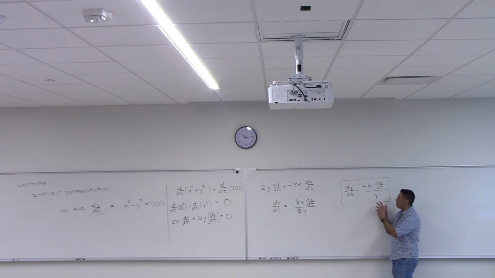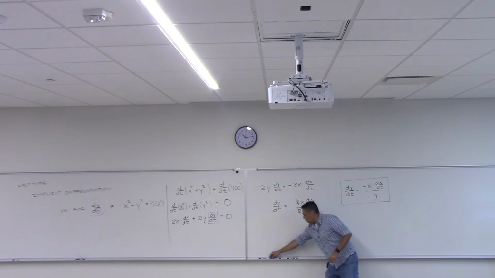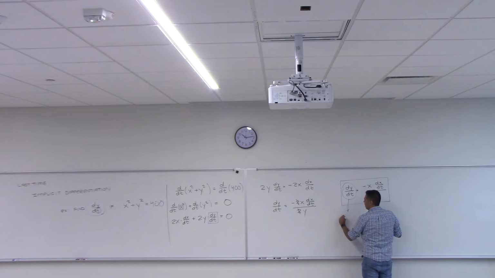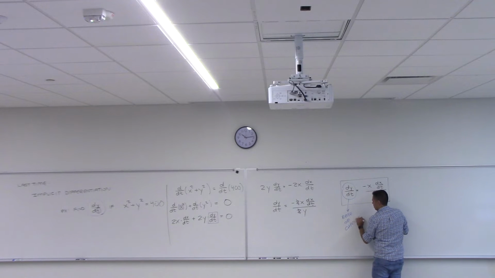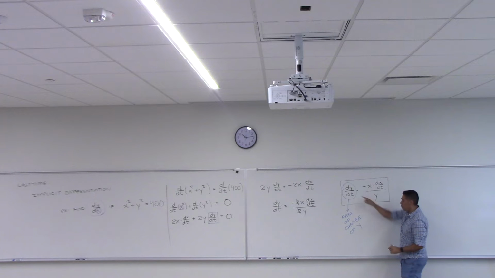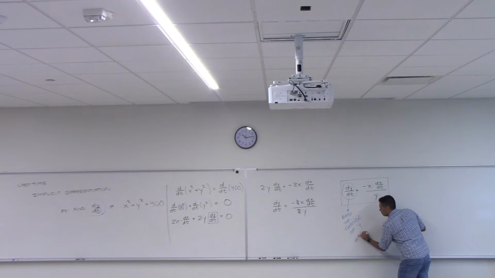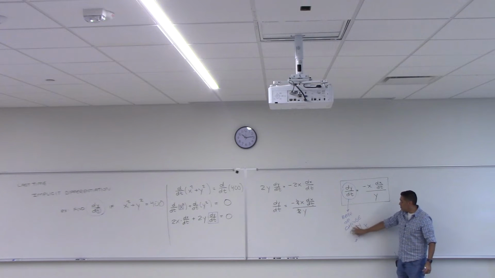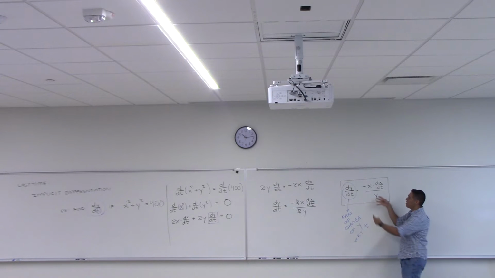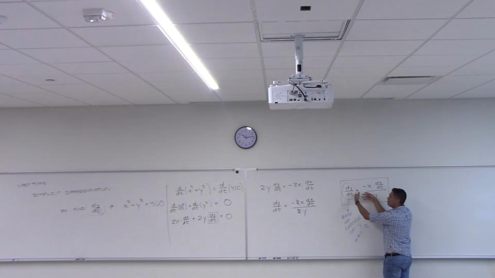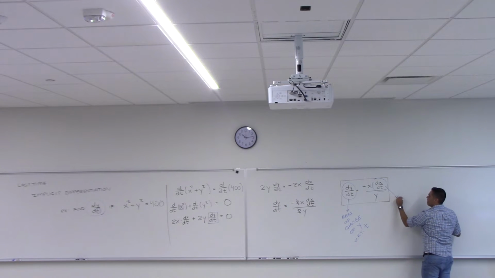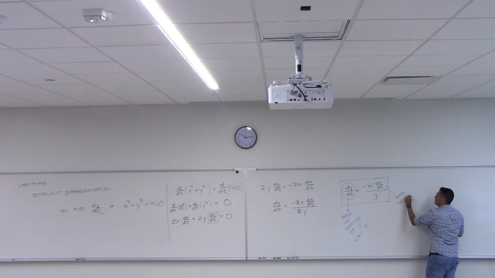All you need to know here is that we've taken the rate of change of y with respect to t, and we have somehow connected it to the rate of change of x with respect to t.